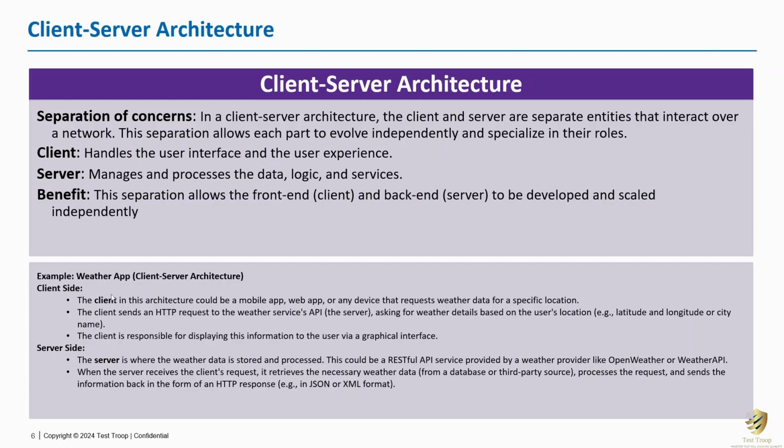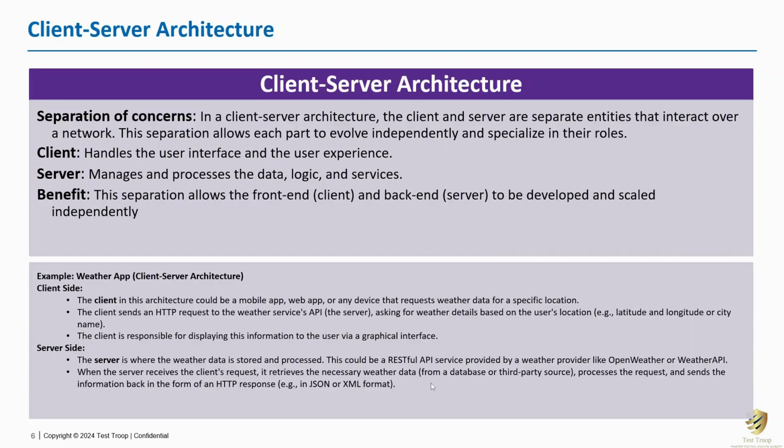So here, the client and server operations are completely different. The client is responsible for sending a request with the current location in terms of latitude and longitude or a city name, whereas the server, for a given latitude and longitude, gets the data from a third party source, or it may already have stored this data in the database based on the data it receives from a satellite or somewhere.